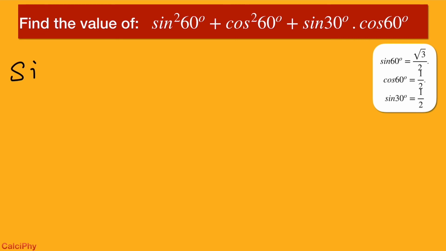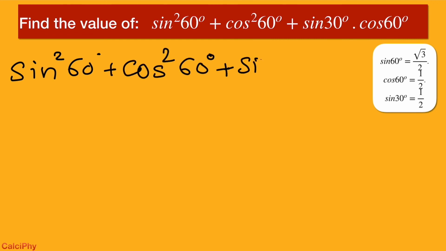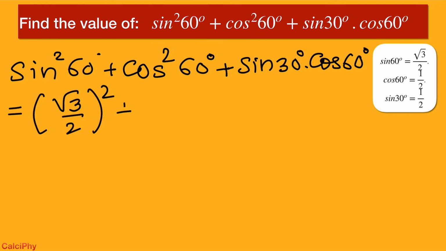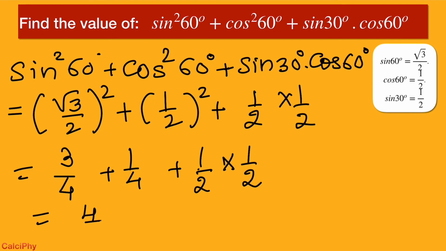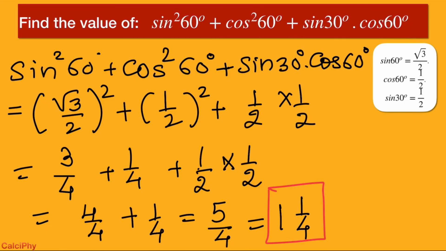Therefore, sin square 60 plus cos square 60 plus sin 30 into cos 60 is equal to root 3 upon 2 the whole square plus half square plus half into half, that is 3 upon 4 plus 1 upon 4 plus 1 upon 4. This is nothing but 5 upon 4, which is 1 and 1 upon 4. Now you can confidently solve the sums involving these ratios.